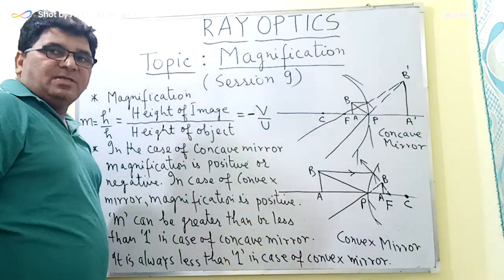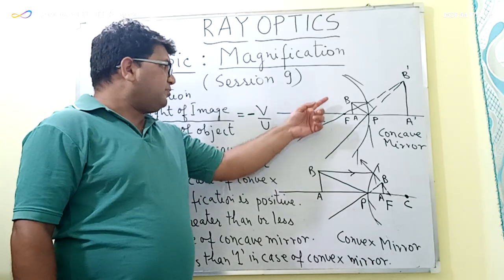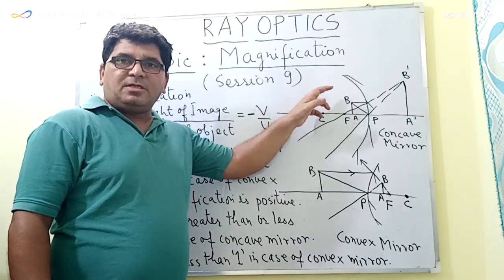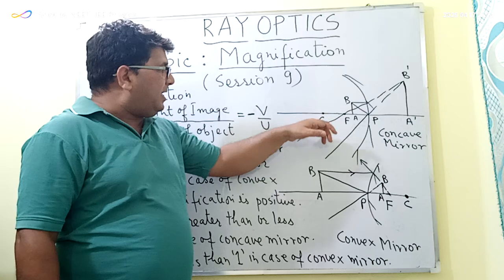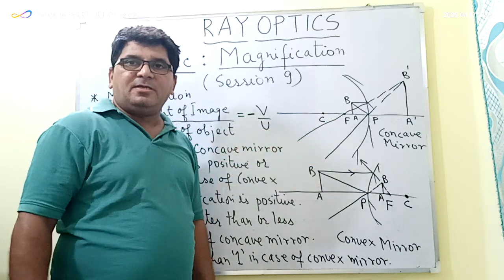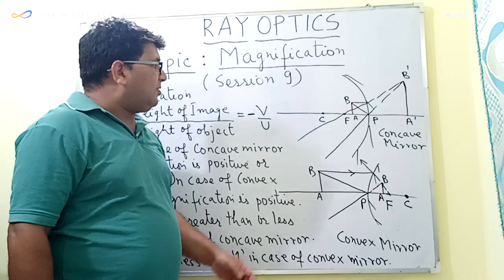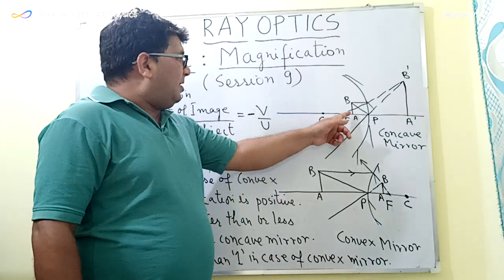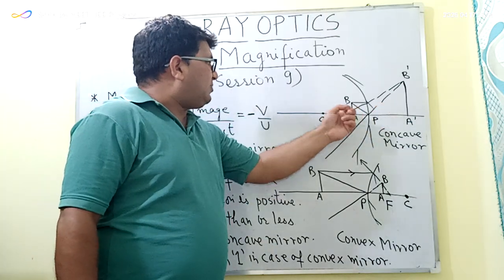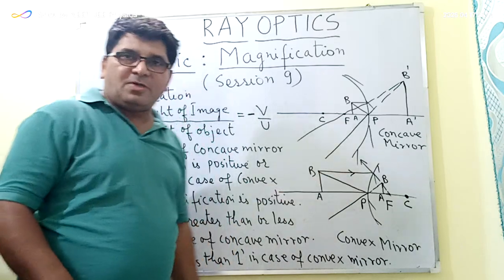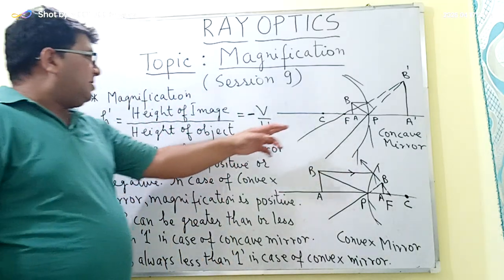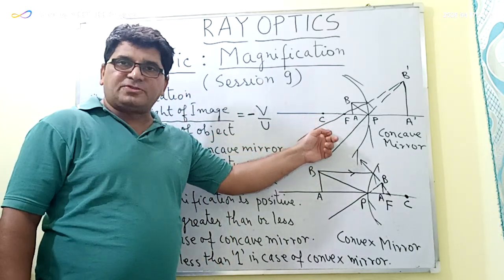Now as per the sign convention, the height above the principal axis is taken as positive, and if the image is inverted, then the height of that image is taken as negative. Now in this case, the height of the image as well as the height of the object will be taken as positive. So in this case, the magnification will be positive.